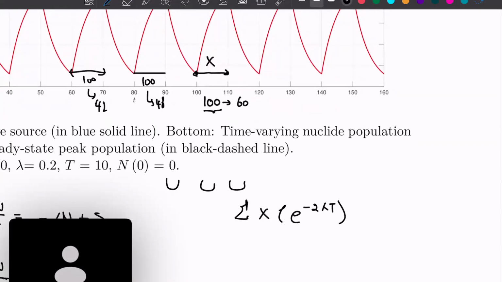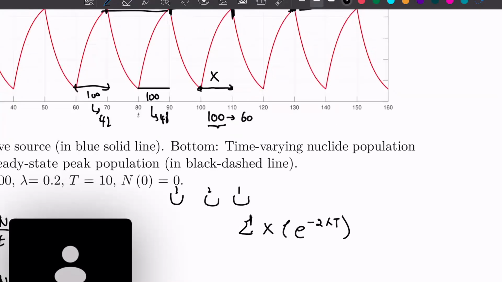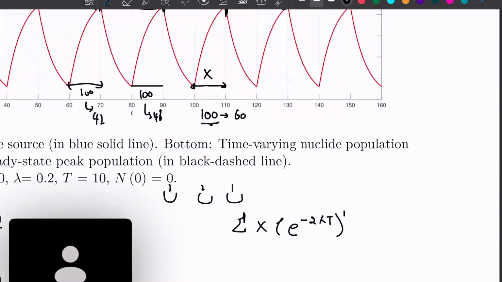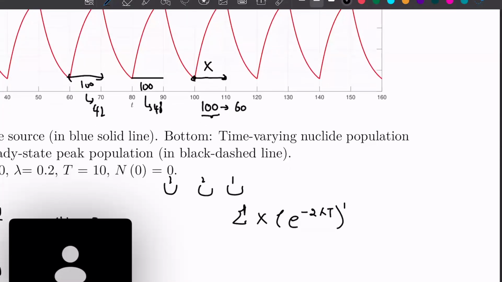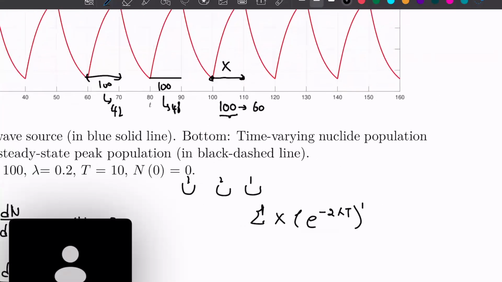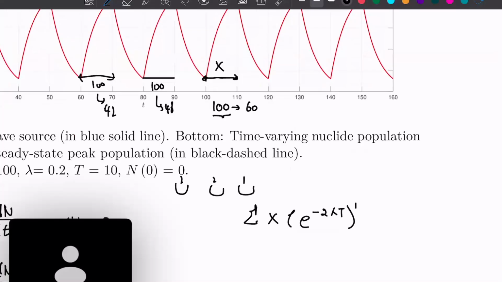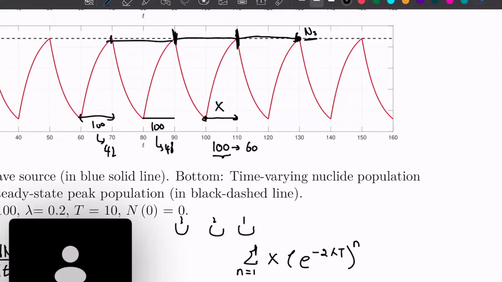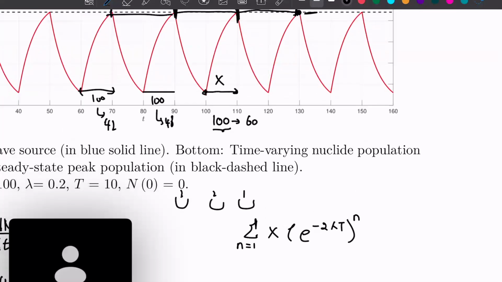Let's say this is 1, this is 2, this is 3. The first one decays for this duration. The second one decays for 2 times this duration. So you can just put all of that as n, so n equals 1, and you can then put this.